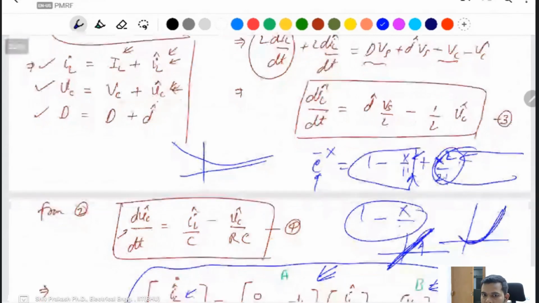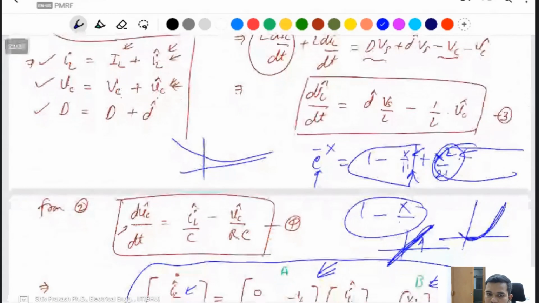There is also a limitation. What is the value of x? x should be less than 1.